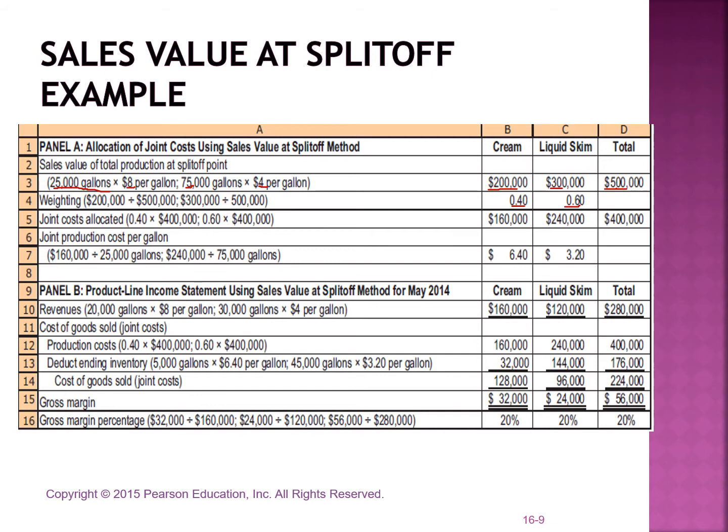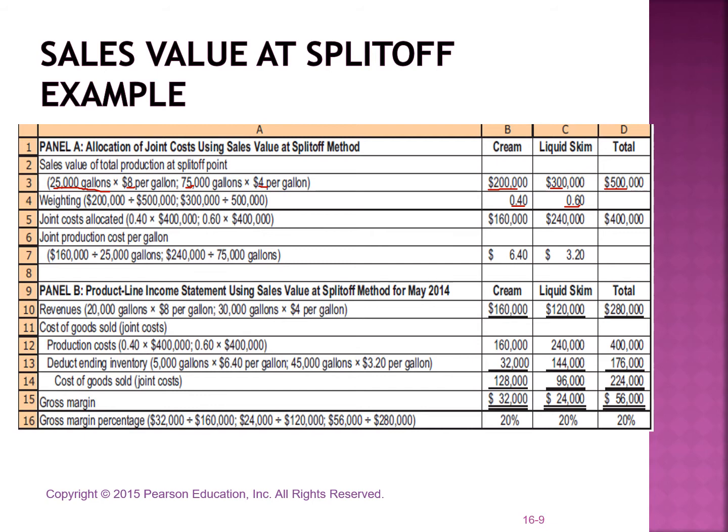So the joint cost allocated is 0.40 and 0.60. I will multiply the 0.4 by the 400,000, which is the joint cost, and multiply 0.6 by it as well, which means that the part allocated to the creme is 160,000, and the other part is 240,000. This means that the joint production cost per gallon, if I would like to know, I will divide the 160,000 by the number of gallons, which is 25,000 for the creme, and the 240,000 divided by 75,000 for the liquid skim.